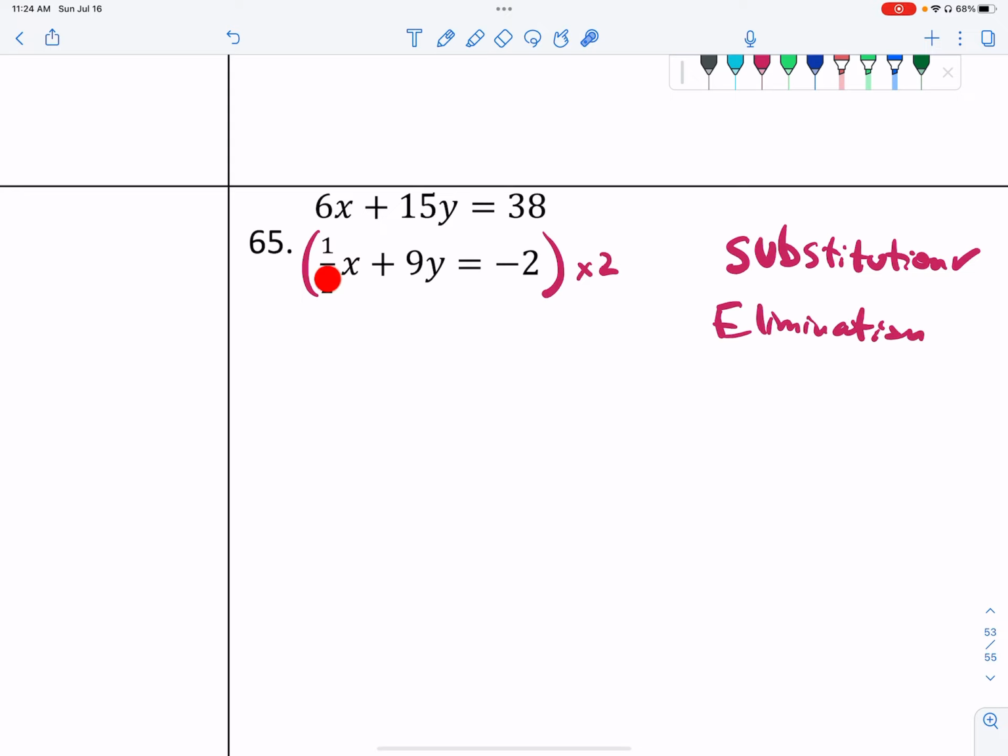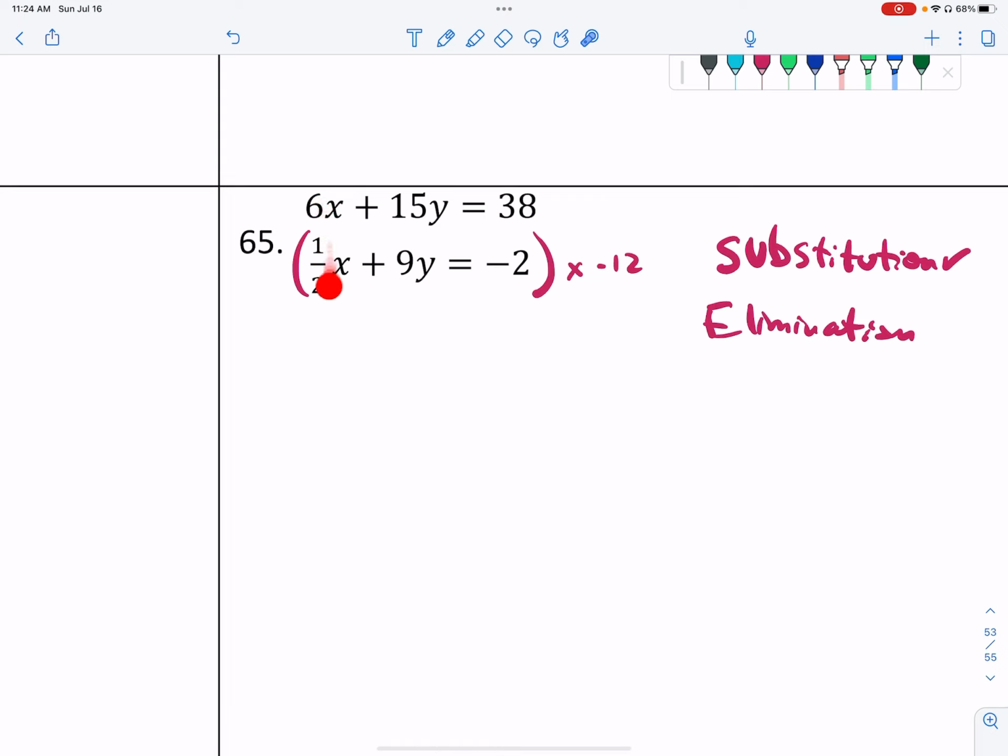Instead of multiplying by 2, what do you have to multiply a half by to make this thing equal to 6? How about 12? Actually, you do negative 12. So multiplying this by negative 12 would make these x's opposite numbers, and you can cancel these things out. So it also works out.